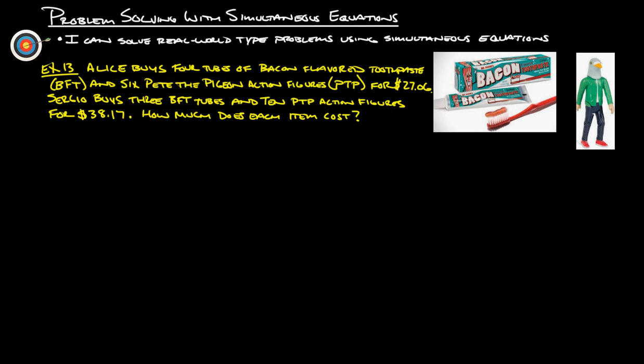Okay, so let's say we got bacon flavored toothpaste. So I'm going to say B is going to be the number of bacon flavored toothpaste tubes. Not the number, it's going to be the cost. Okay, so let's get rid of that.